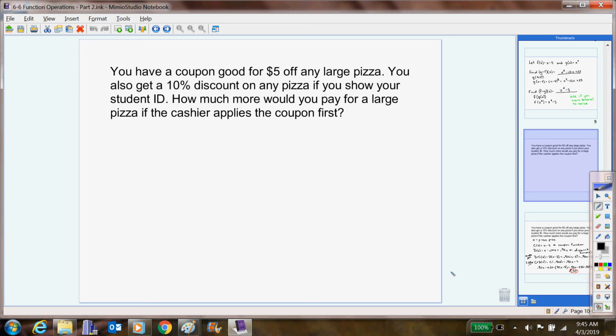My son, when he was working at a particular job, the company was giving them a benefit where they could use their discount card, but then they also got a coupon for a certain percent off. And one year they were allowed to use it in one sequence, and the next year they changed the sequence on them. One year it was applied discount first, and then the coupon. The other year it was coupon then discount card.